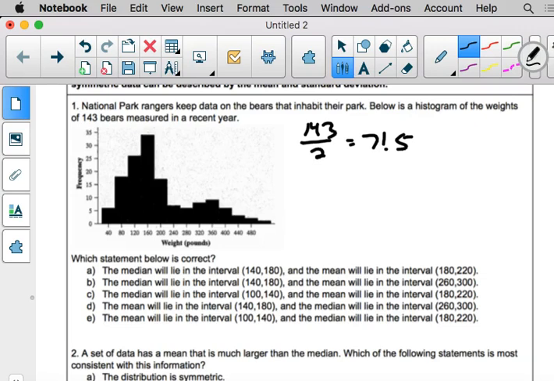Okay, so I'm going to count up the data in the bars until I find where this positioned data point is. So for example, this first bar probably has about 6 in it. This bar, I'd guess maybe, we'll say 17. So together so far we've accounted for 23 data points, but we're not quite there yet.